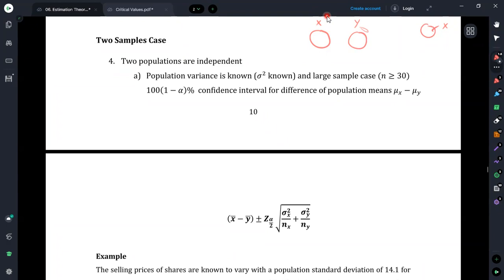When there are two samples, first we have to think about whether they are two independent samples or two dependent samples. It is the first thing we have to consider, the independence of samples, and thereafter whether it is a large sample or small sample. By thinking on these two conditions, we will use several methods to construct the confidence interval based on these two sample cases.